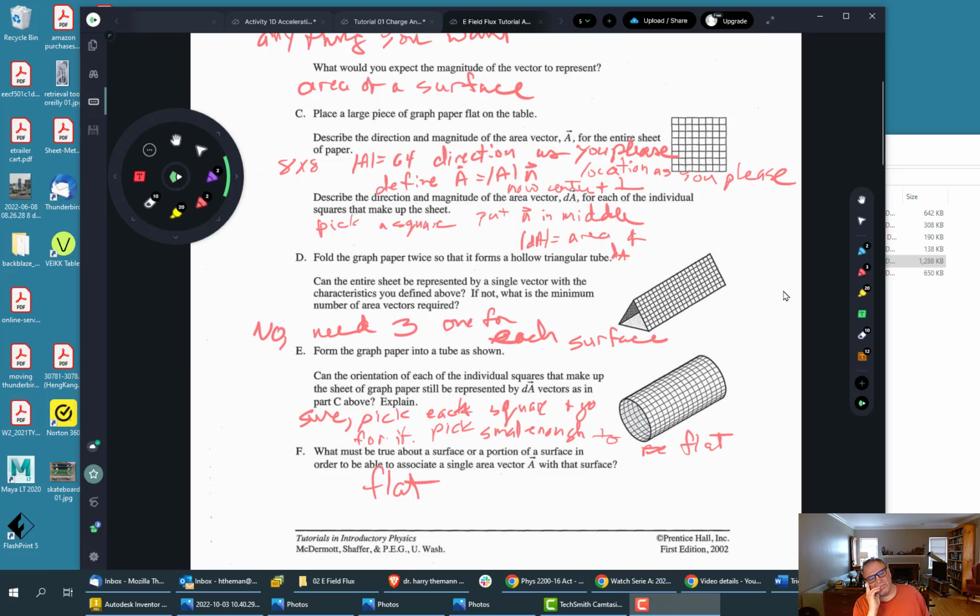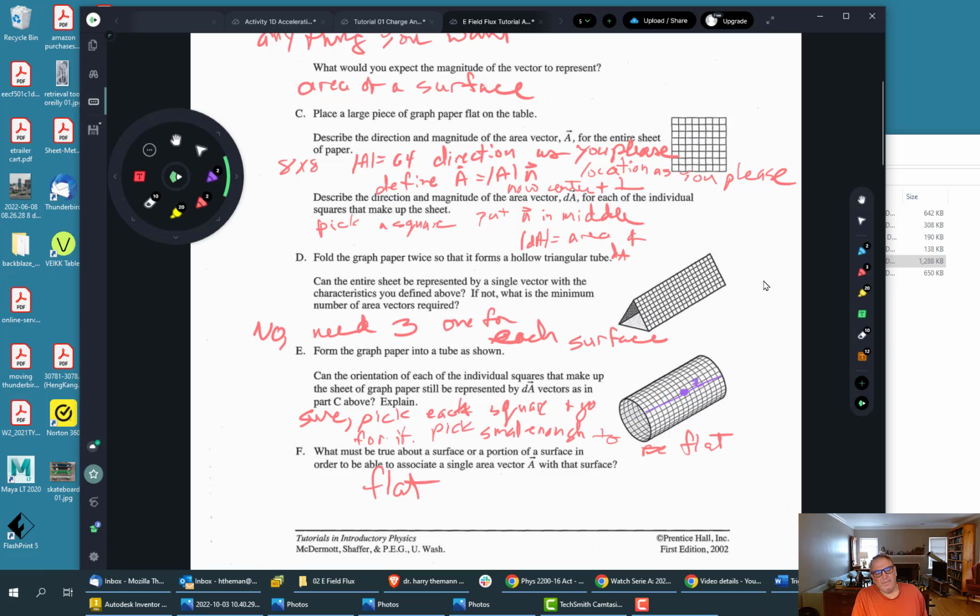So anyways, the next one was the tube, and they don't ask you if you can use one line to represent the tube. In fact, you can in a way. The A vector for the tube shape, you could pick, in a cylinder, the Z coordinate, so you could pick halfway, and then it would be parallel to a radius vector at that point.